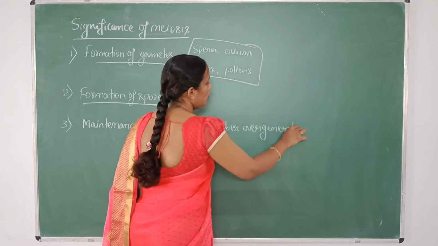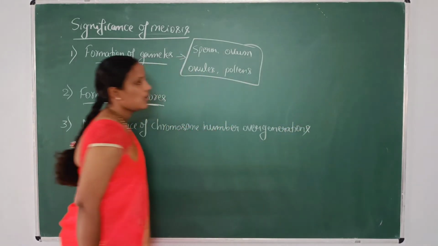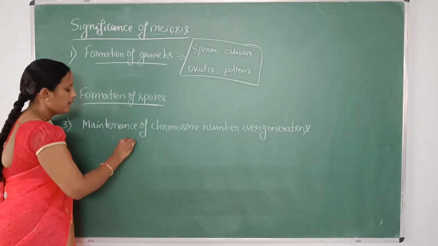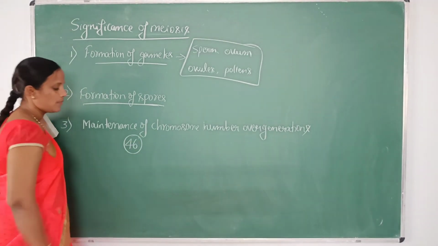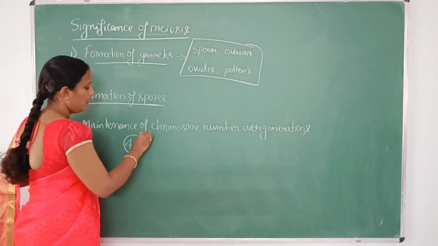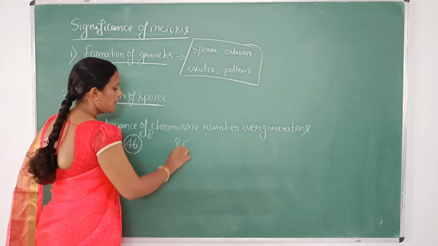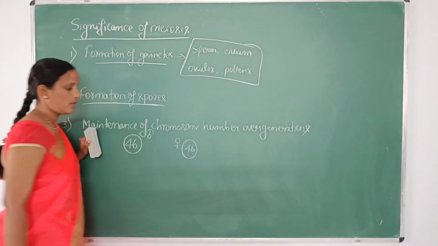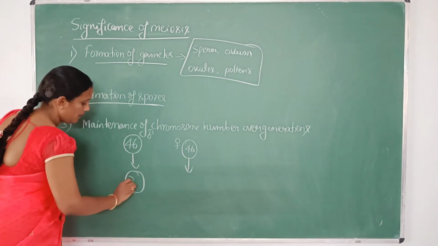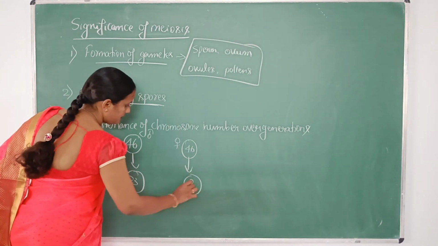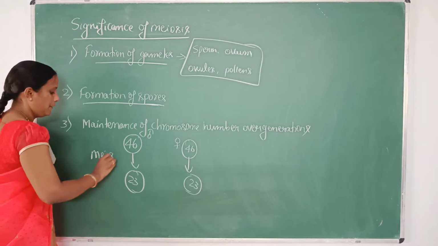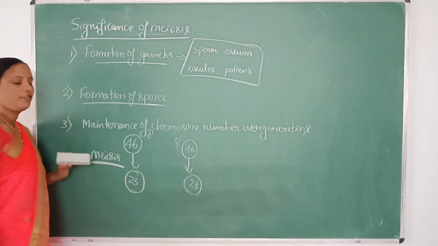If you imagine that human beings are having 46 number of chromosomes, say for example, male having 46 number of chromosomes, female having 46 number of chromosomes. And upon meiotic cell division, the number of chromosomes is reduced to half. This is only because of meiosis.